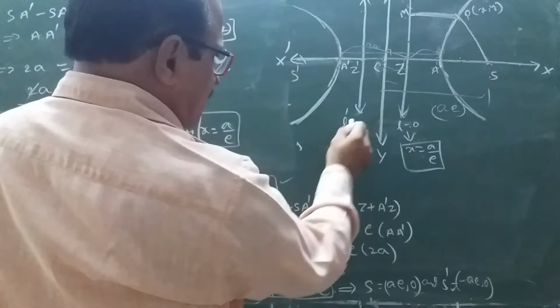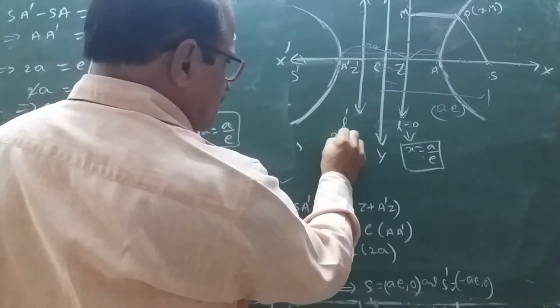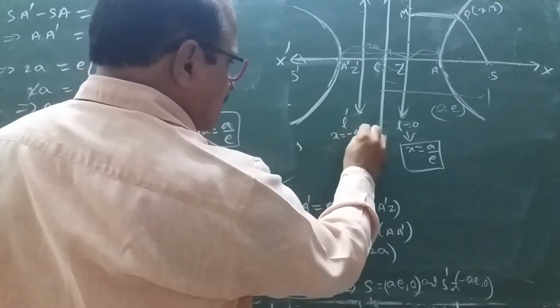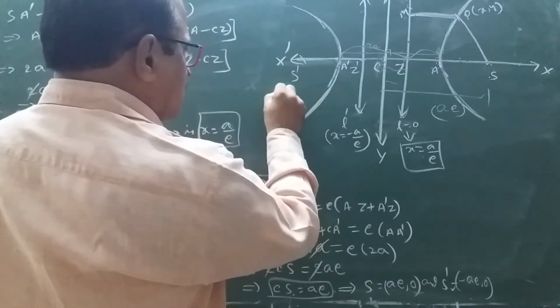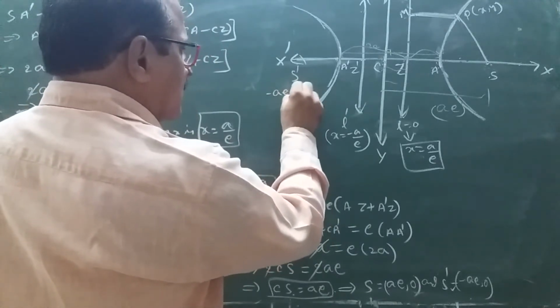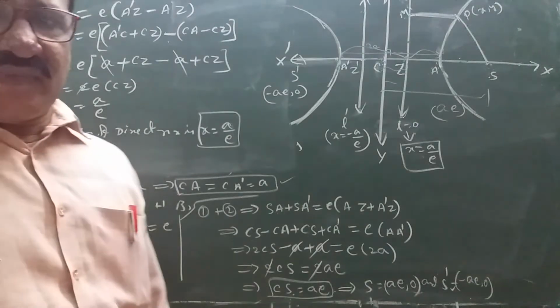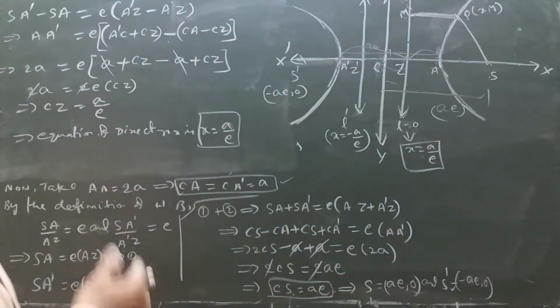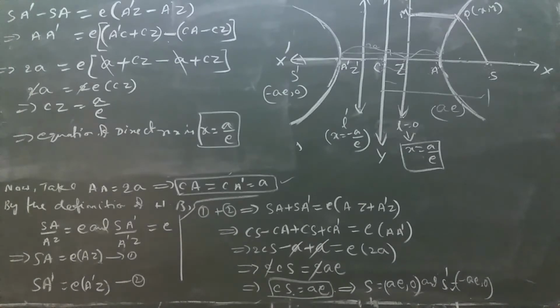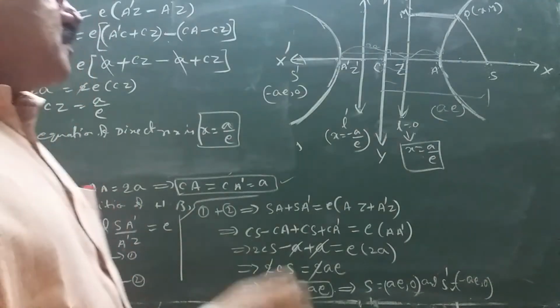In a similar way, on this side L dash is x is equal to minus A by E. Here S dash is equal to minus AE comma 0, the coordinates of focus on the left side. Okay, in this way we already found the coordinates of foci, and the coordinates of directrix are well known. Now let P x1 y1.